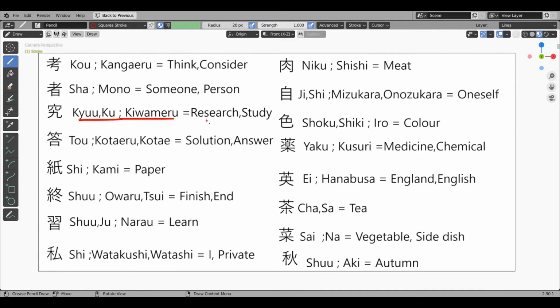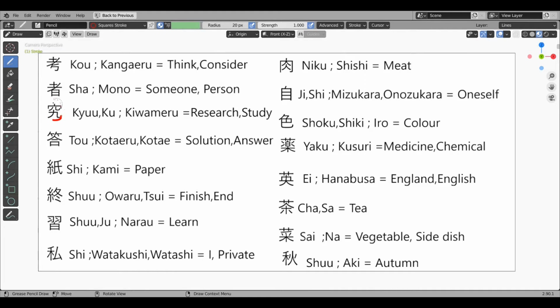Kiwameru. Research kanji. This kanji has the number 9. Q at the bottom and open the roof kanji on top. That is putting 9 efforts to open the roof. To say a lot, the number 9 is used.